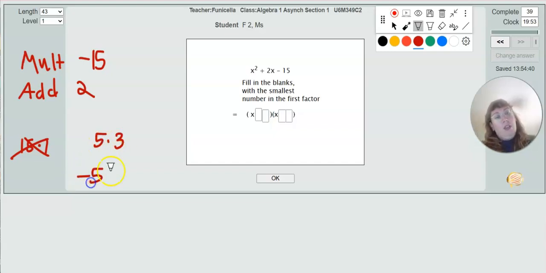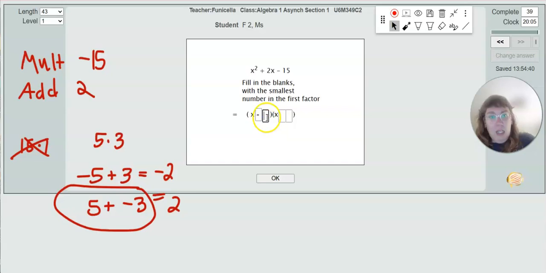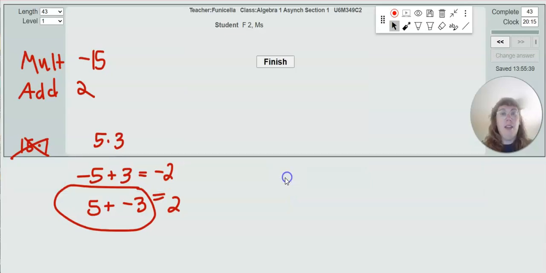So then which of these options gets us to a positive 2, well, that's going to be this one where the 5 is positive. So we're going to do a -3 and a +5. And then when you're all set with that and that's typed in, you can hit OK.